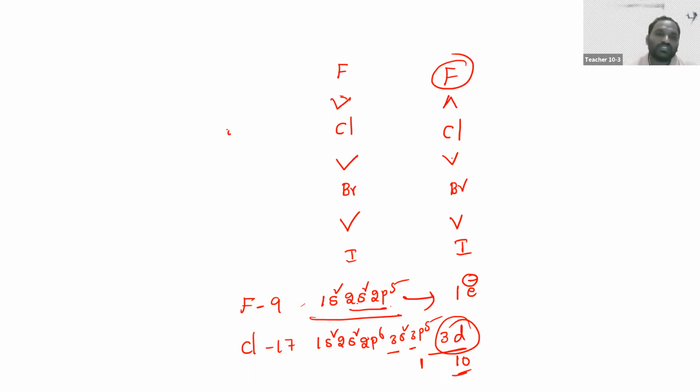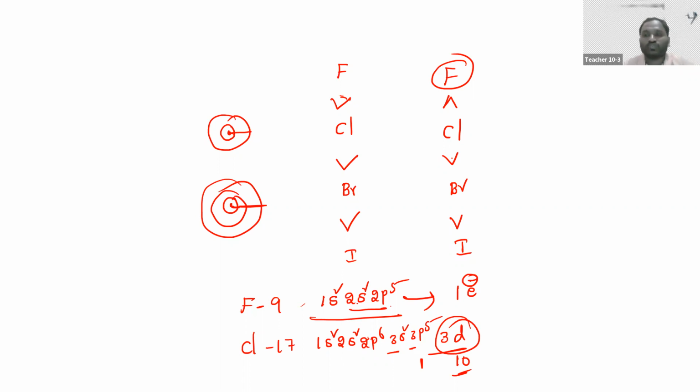And the size difference is not very much. So in chlorine, two factors are supporting; in fluorine, only one factor is supporting. Fluorine has nuclear power but no accommodation capacity. Chlorine has enough nuclear force of attraction and enough accommodation capacity. So more energy is released.